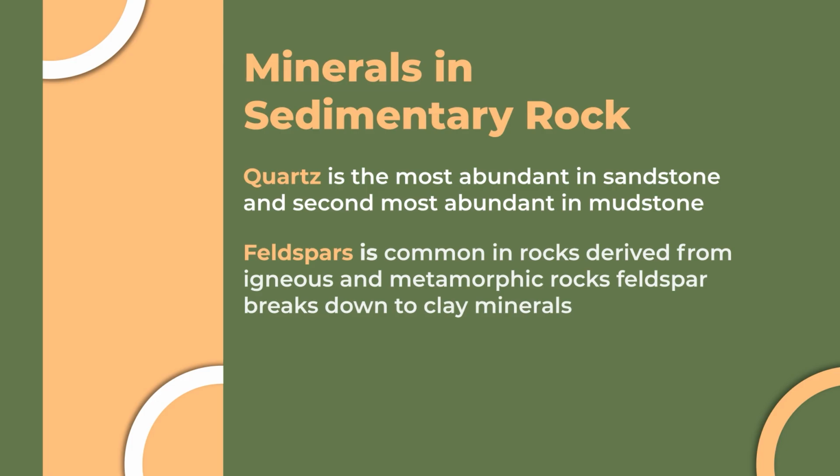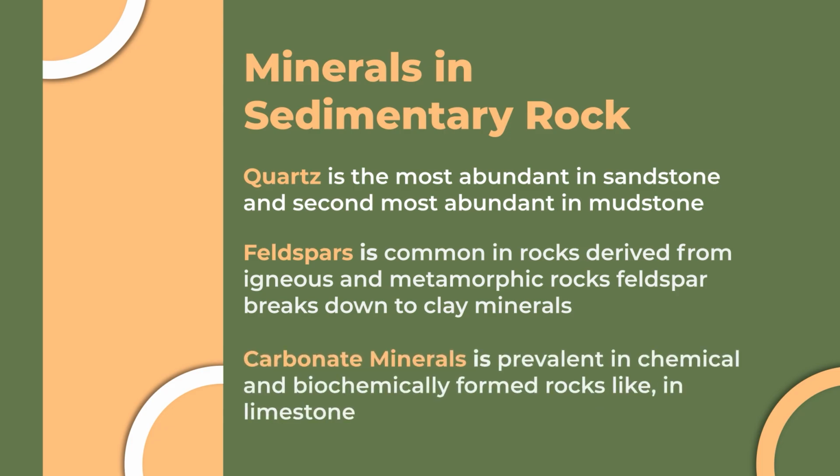In mudstone also, quartz is very important, because it is the small fine quartz grains which are cemented together by clay and form mudstone. Feldspars are common in rocks derived from igneous and metamorphic rocks. As I told you earlier, feldspar breaks down to clay minerals. Carbonate minerals are prevalent in chemically and biochemically formed rocks like limestones.